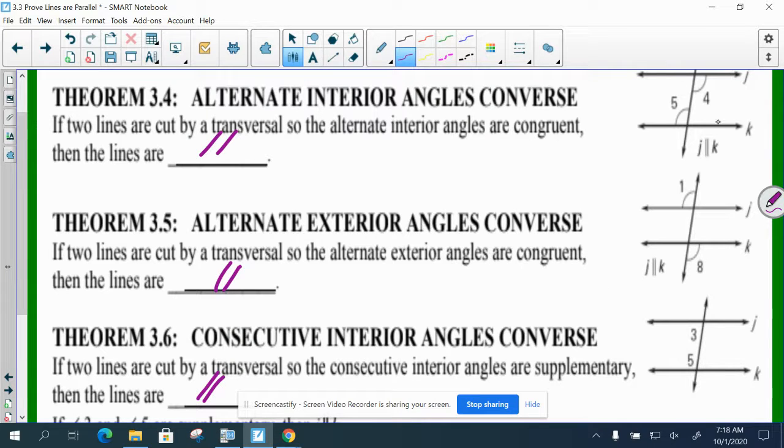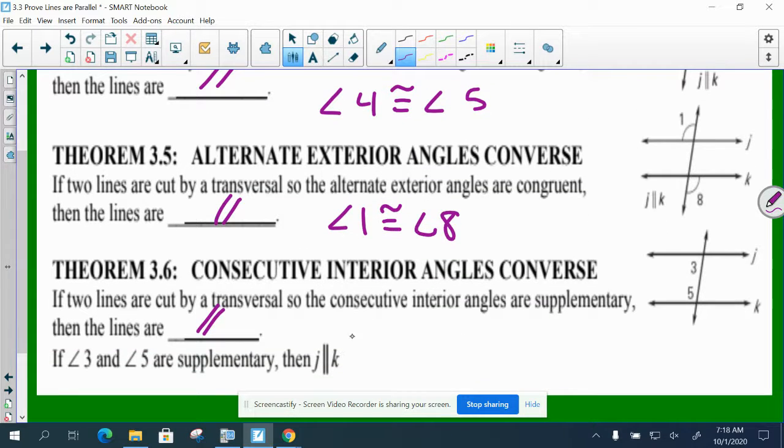You can actually just copy down one diagram here, and then label the different angles with the numbers. Here we're talking about angle 4 congruent to angle 5. Here we're talking about angle 1 congruent to angle 8. And here for supplementary, we're talking about the measure of angle 3 plus the measure of angle 5 equals 180 degrees.